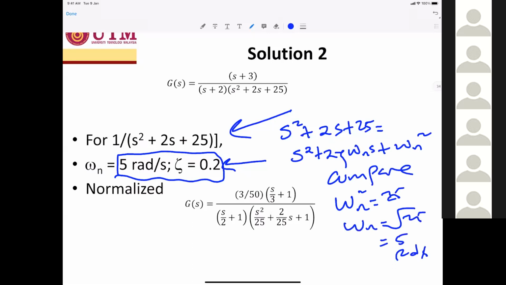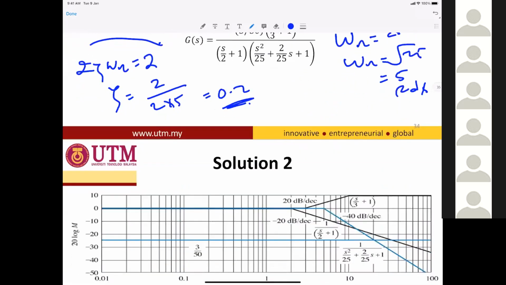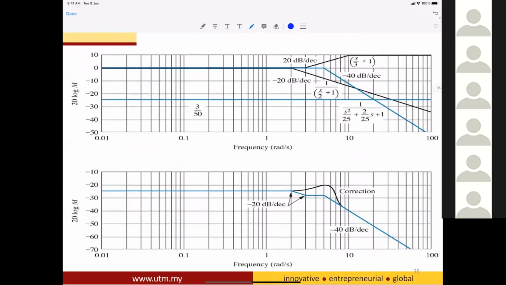Okay, so zeta omega n. Okay, guys, clear? Yes. Then you normalize, if you want to plot manually. So you plot manually each factor, and then you sum all the factors.